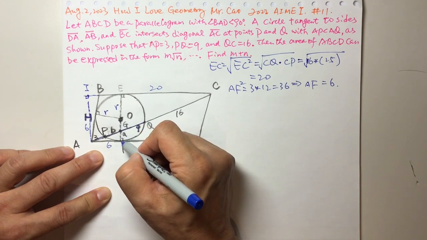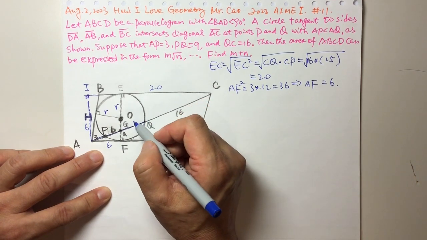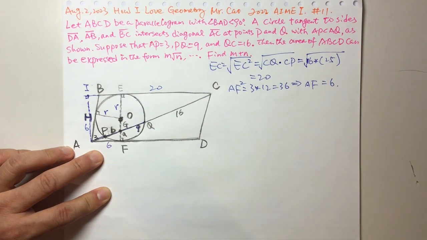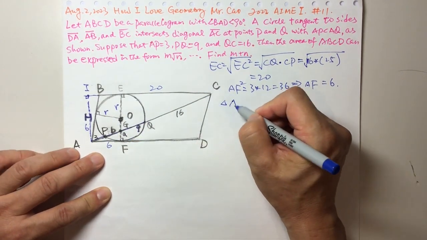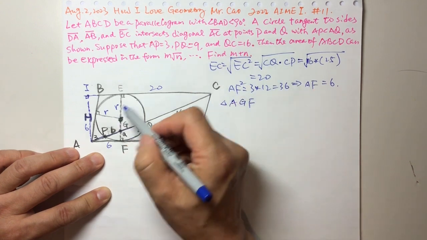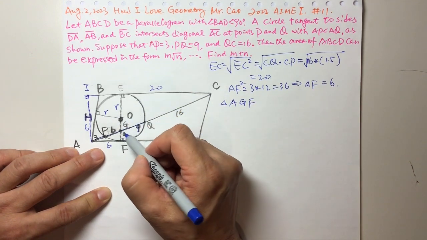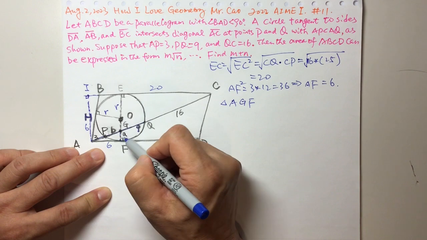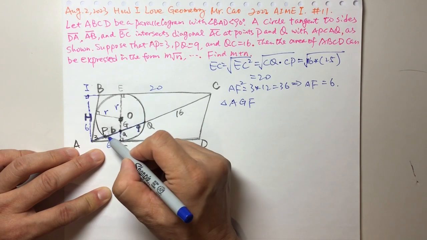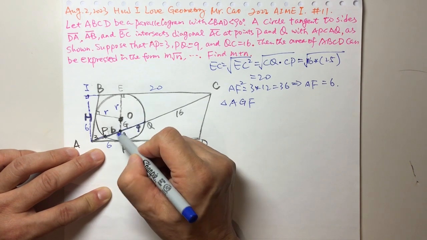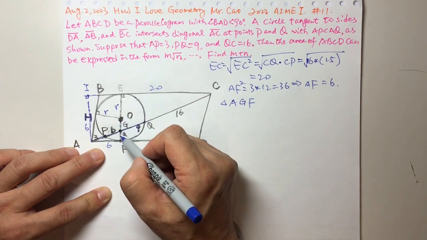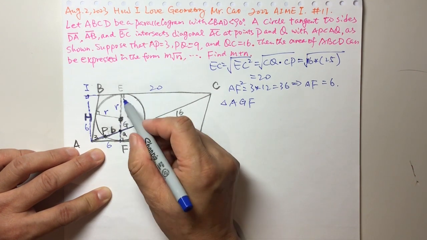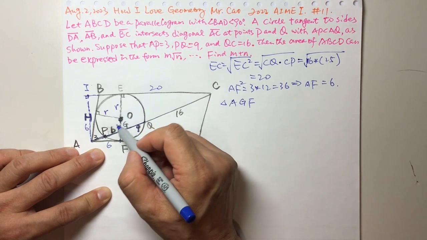Here OF is R. And if we want to find R, obviously we use this triangle AGF, right? It will help us. We call GF A, and PG we call B. If we find A and B, it will maybe help us to find the R, right?